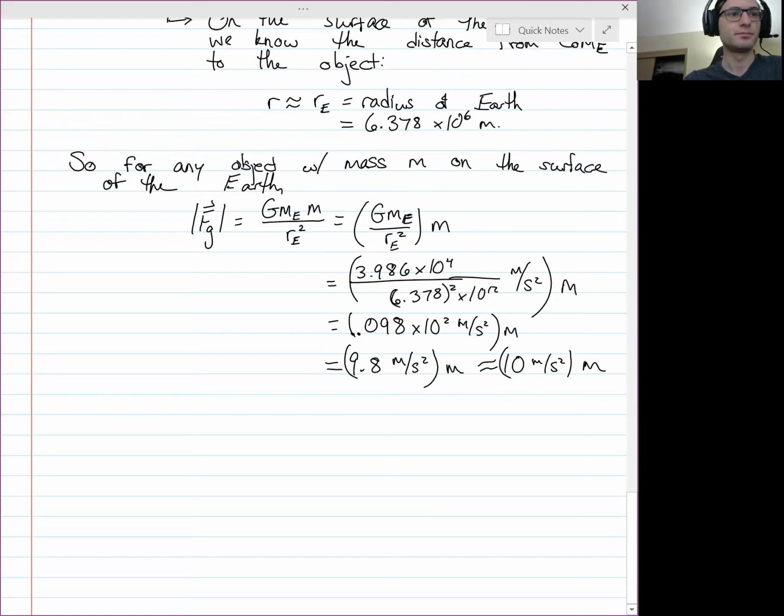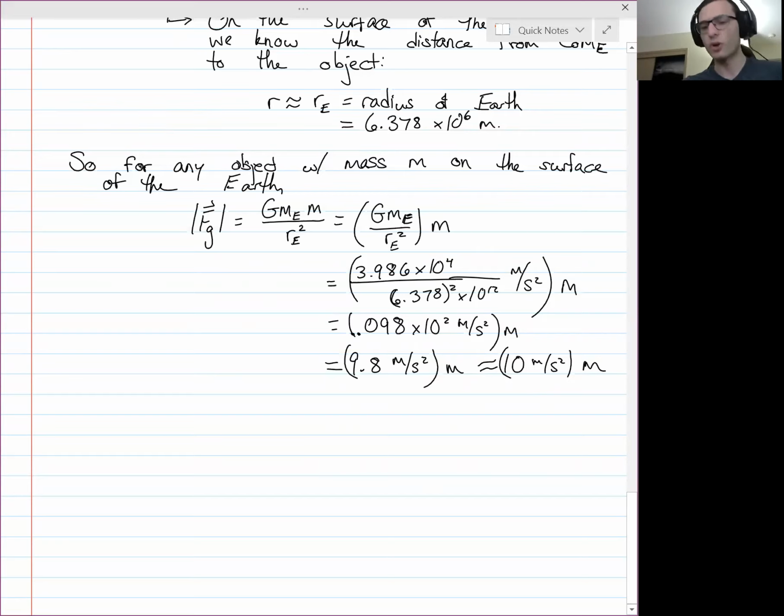Now, this tells us what the force is on a single object. But the next question might be, and this is just a side point: if two objects are falling from the same height, from the same initial distance from the Earth, it seems to be the case that those objects fall with the same acceleration.